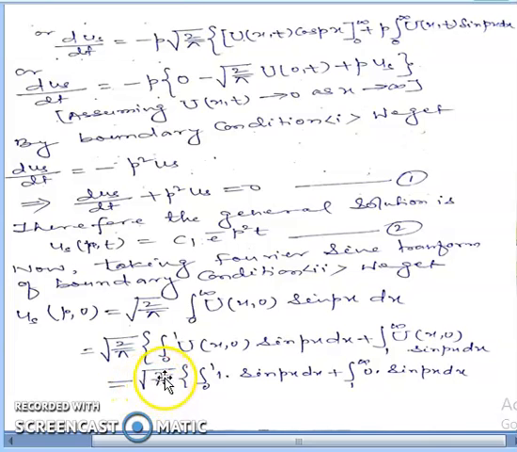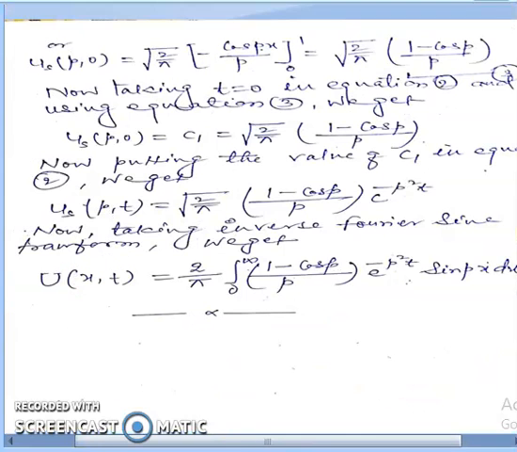So the result is √(2/π) as it is, ∫₀¹ 1·sin(px) dx plus ∫₁^∞, where u(x,0) becomes 0, of sin(px) dx. After that, u_s(p,0) becomes √(2/π) [−cos(px)/p] with limit 0 to 1, which on substituting the limit becomes √(2/π) (1 − cos p)/p. This is equation number 3.